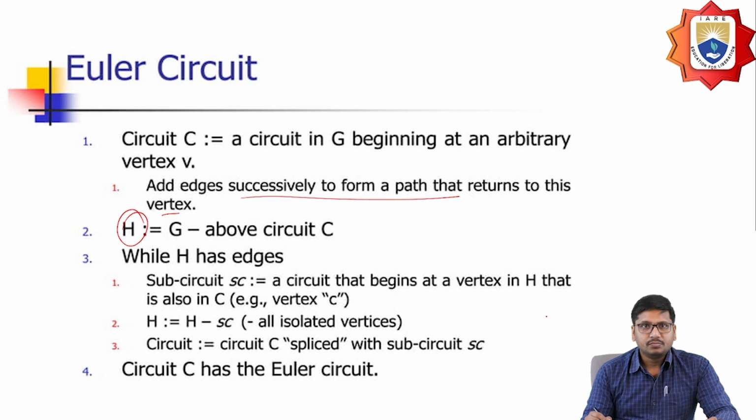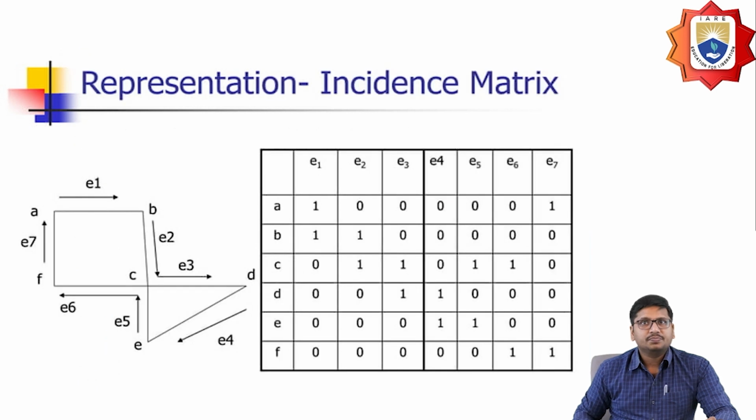Similarly, H is going to have the edges. A subcircuit SC is a circuit that begins with a vertex in H and also a vertex in C, and H minus that SC should be all isolated vertices, and the circuit is going to be an Euler circuit.